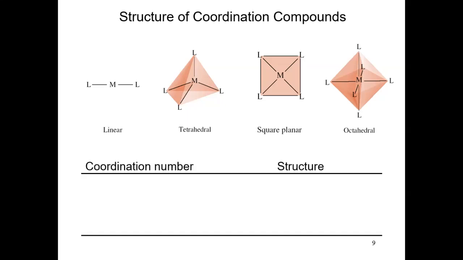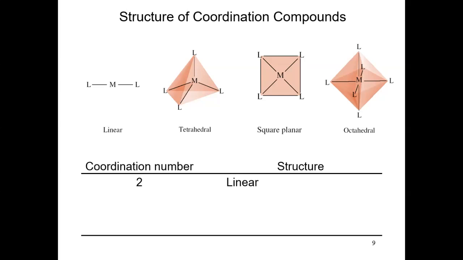Now, depending on the coordination number, you can try to predict what the shape of the complex ion is going to be. So for a coordination number of 2, you're going to get a linear structure.